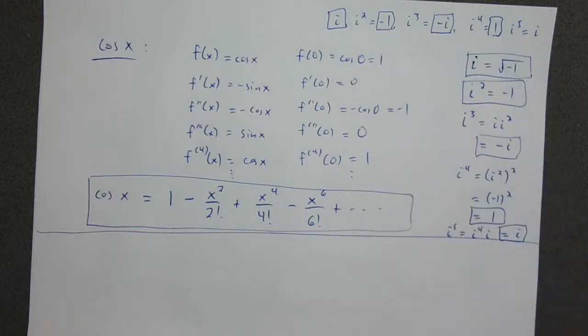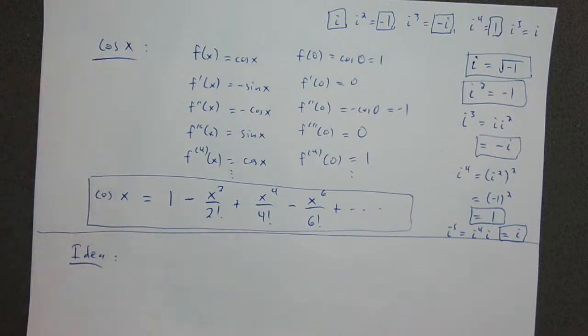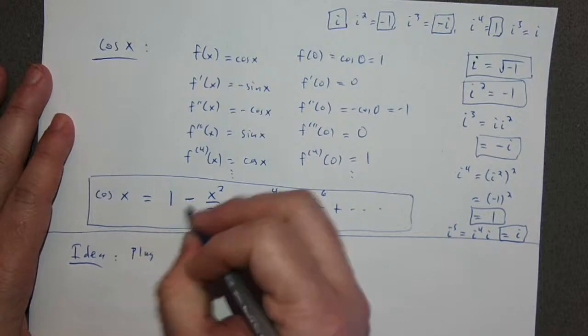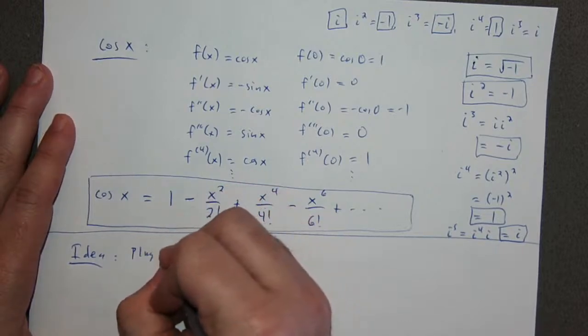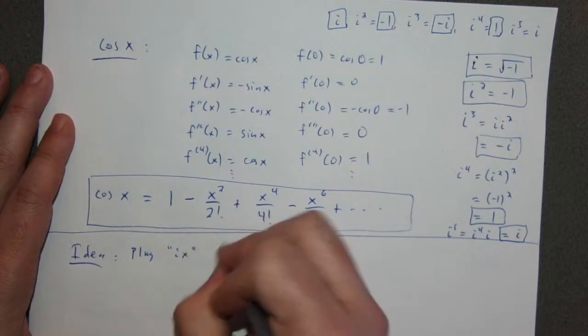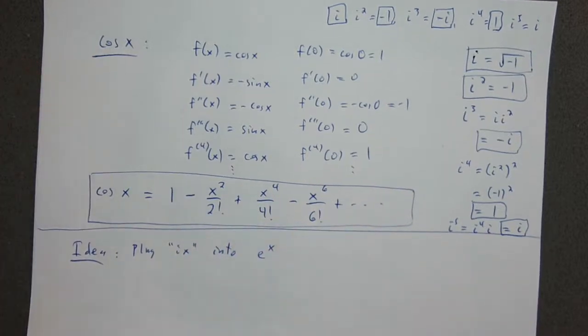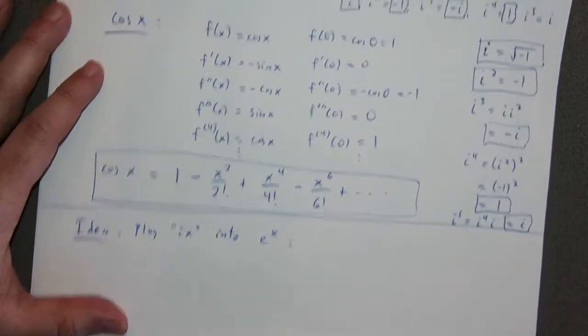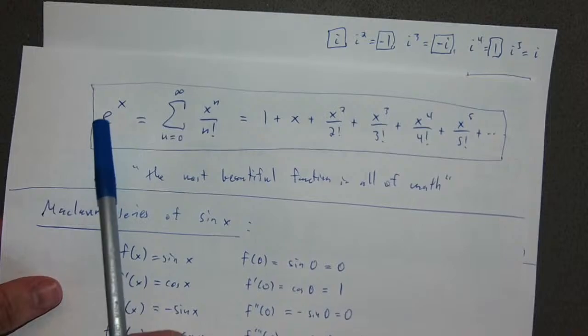Now, why did I want to talk about that? Because here's my idea. My idea is to plug ix into e to the x. What do I get? The e to the x that I want to use is the Maclaurin series for e to the x.